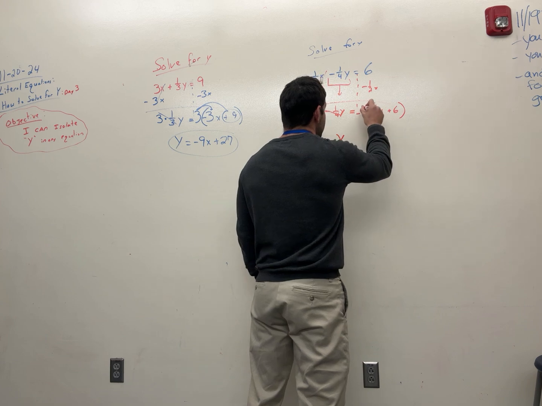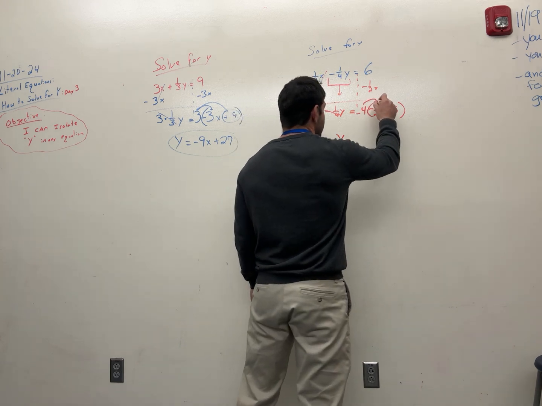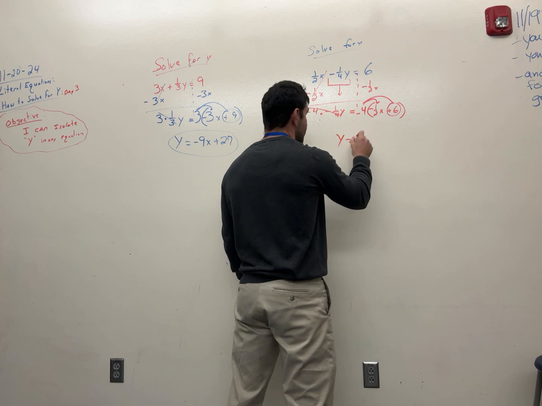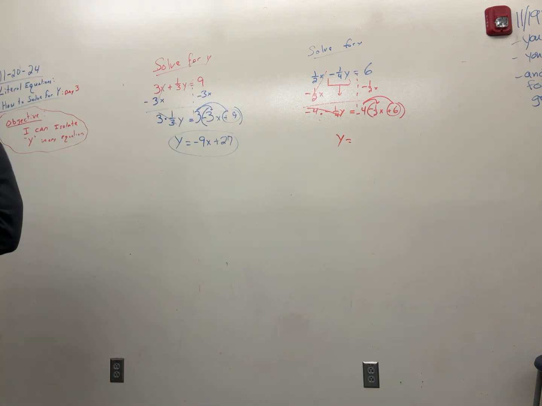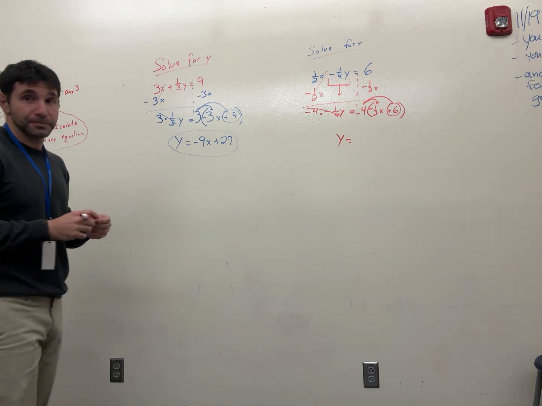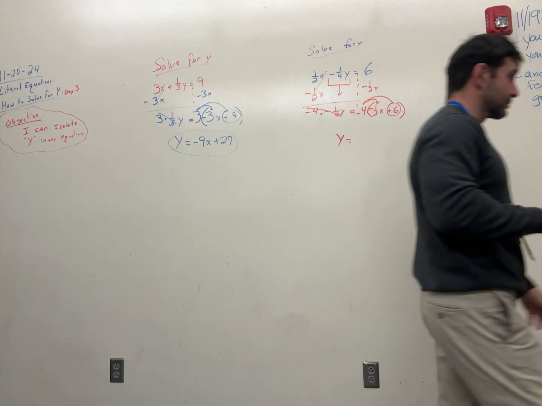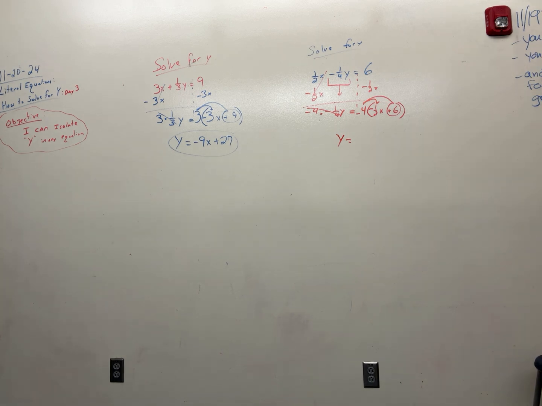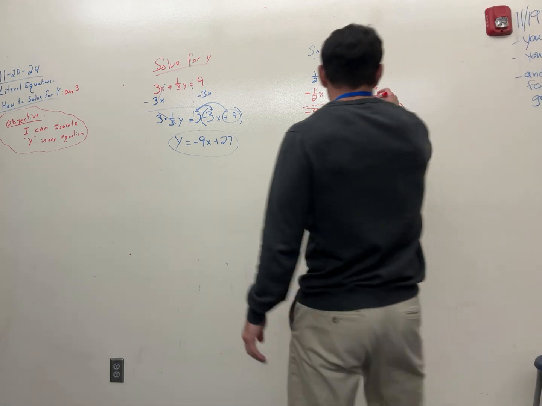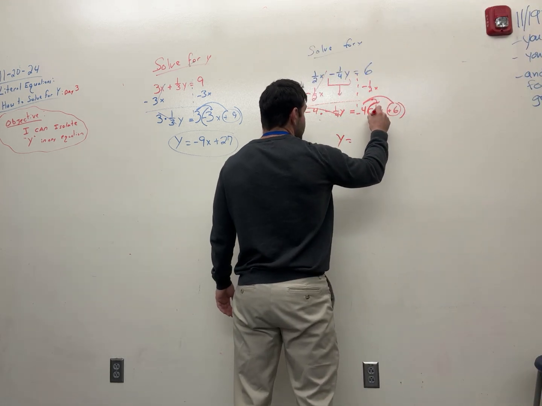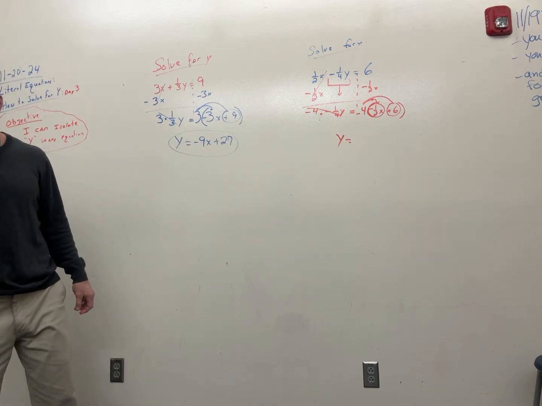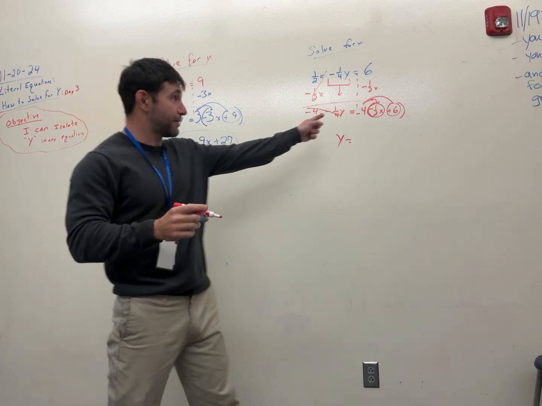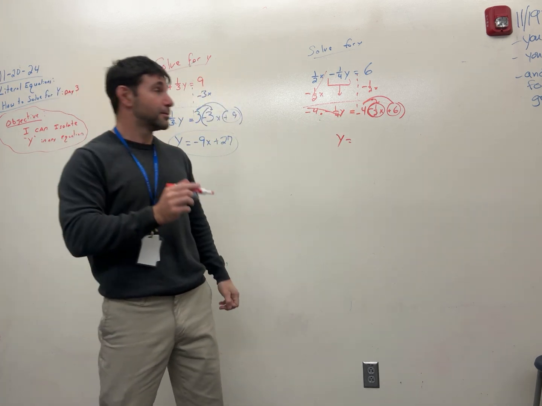Now I come over here and multiply everything by negative 4. You have to use your calculator. Negative 4 times negative 1 divided by 2. Go ahead, do that. We're distributing, so you're multiplying it to the negative 1/2 x and the positive 6.